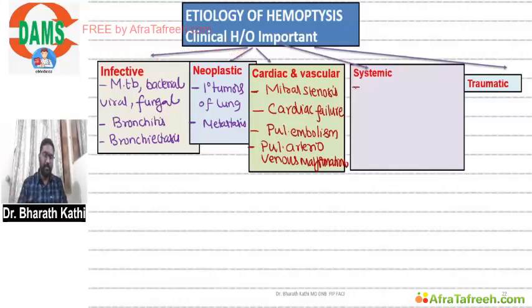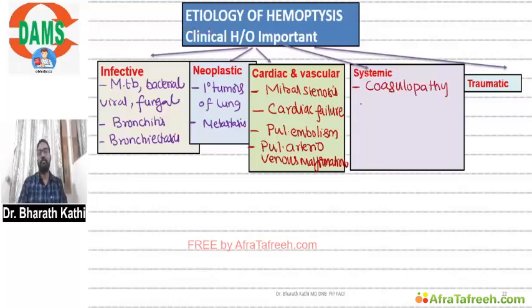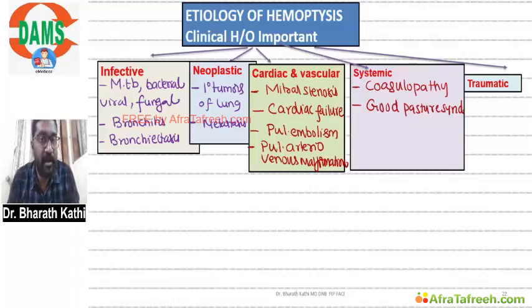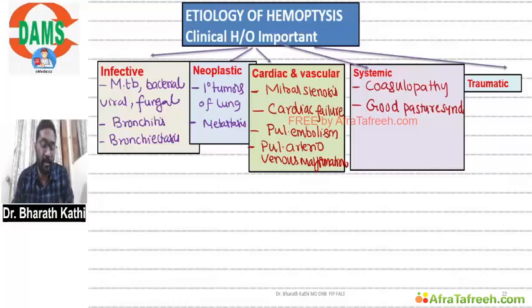Apart from that, systemic diseases. Again, these are not direct lung diseases, such as coagulopathy, Goodpasture syndrome. So why in Goodpasture syndrome there can be hemoptysis? Because there are autoantibodies against glomerular basement membrane, which causes hematuria, against alveolar membrane, which will result in hemoptysis.